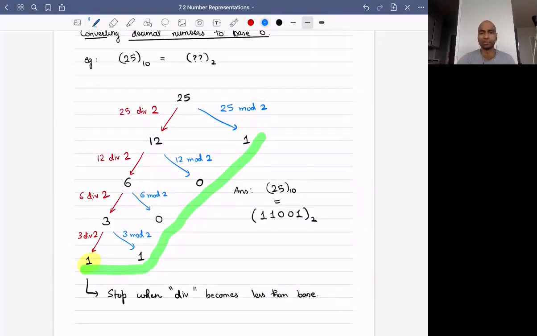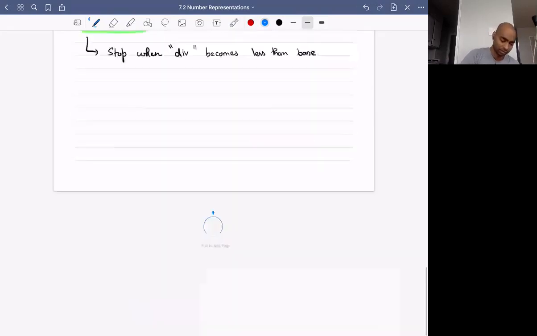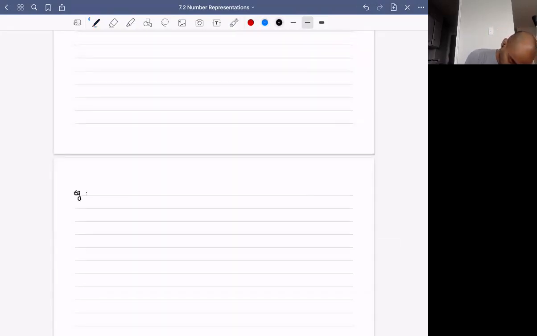Let's now convert something to hexadecimal. Let me just stick to the same example. Now let me try to convert 25 to hexadecimal. So 25 in base 10, I want to convert to base 16, which is hexadecimal.